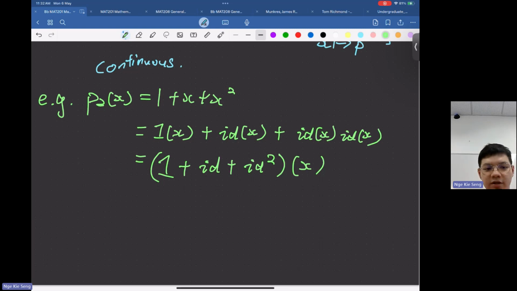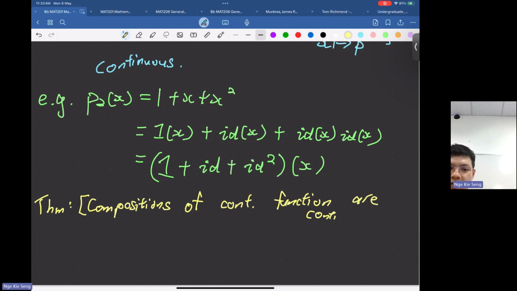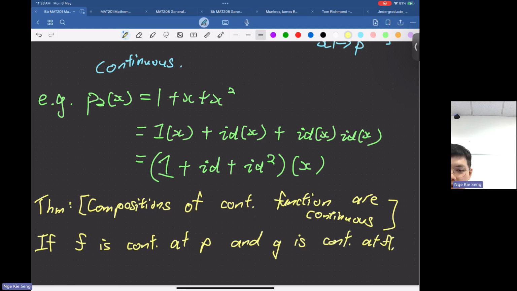Next, we will establish another theorem, which you have probably been using all the time: the composition of continuous functions is continuous. What does this mean? It means that if f is continuous at p and g is continuous at f(p), what do we get?